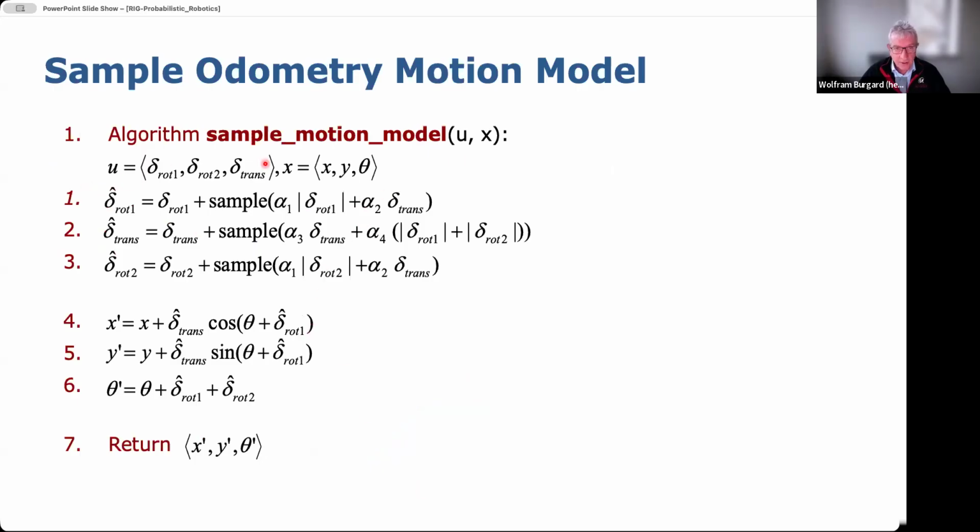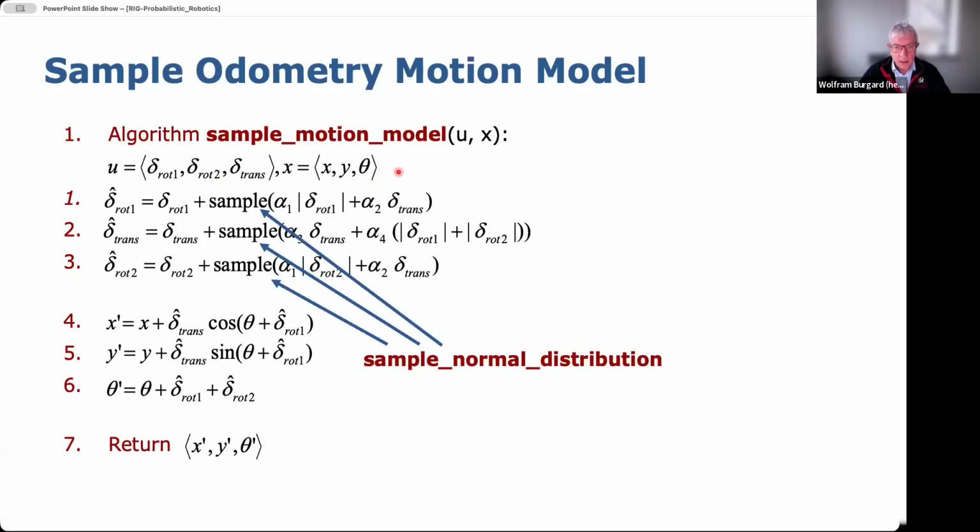So we take this odometry measurement, the actions: initial rotation, final rotation, translation, plus the current pose, and then we sample new deltas from a Gaussian, for example, and add this to the individual parameters.